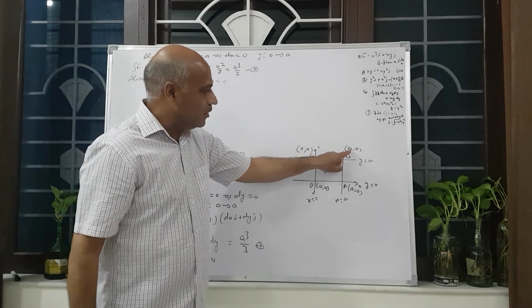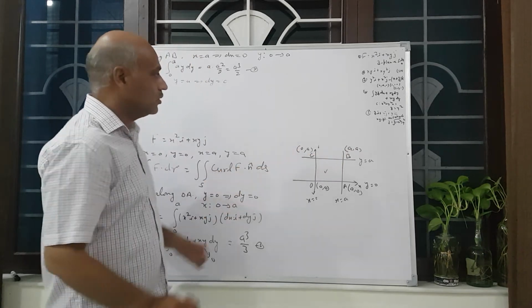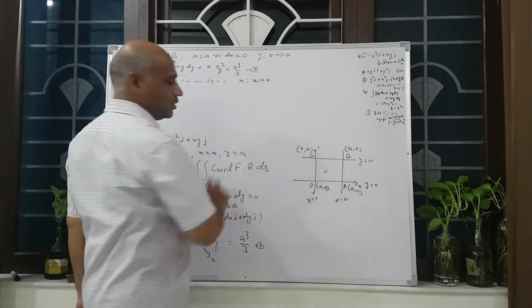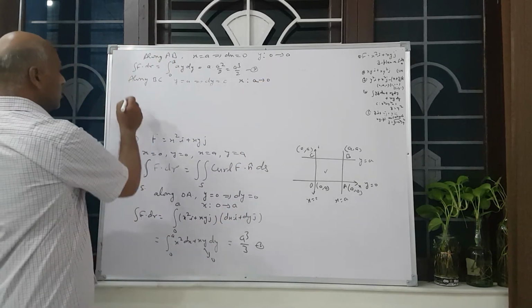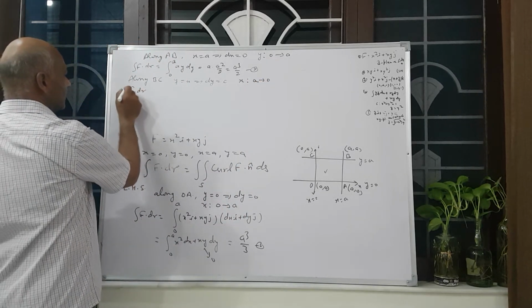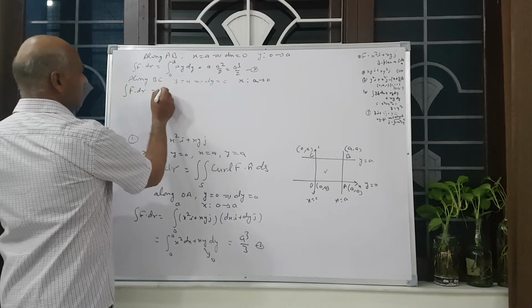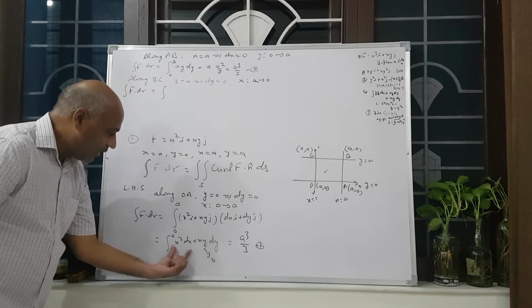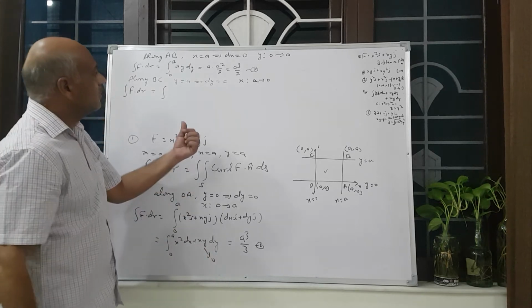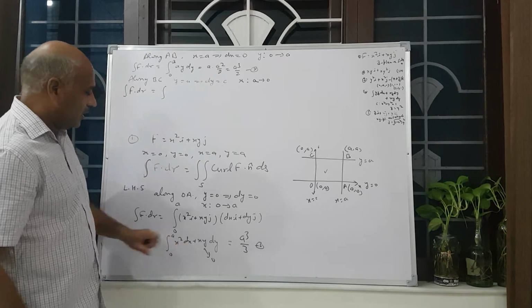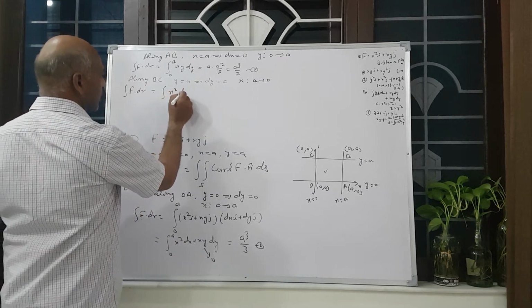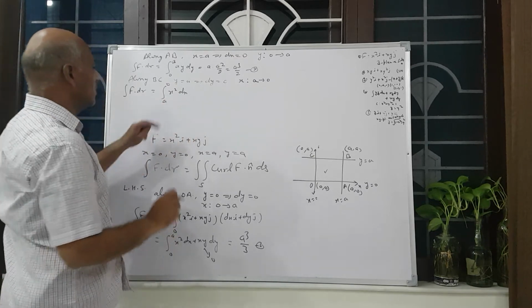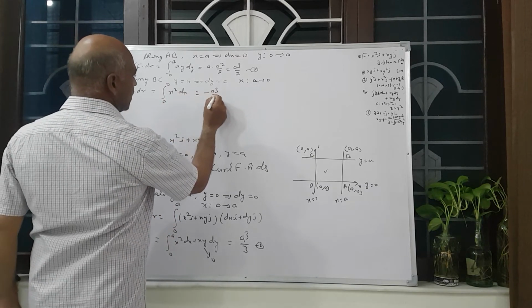X changes from a to 0, so the limit of x is a to 0. So f dot dr, dy is 0, this term becomes 0. X square dx, with x changing from a to 0, gives minus a cube by 3.